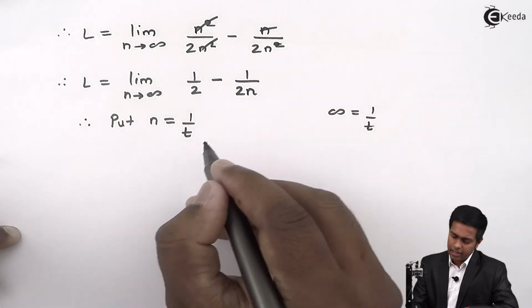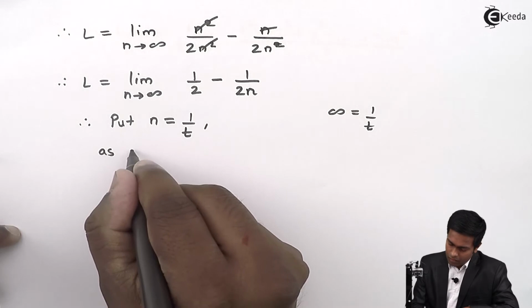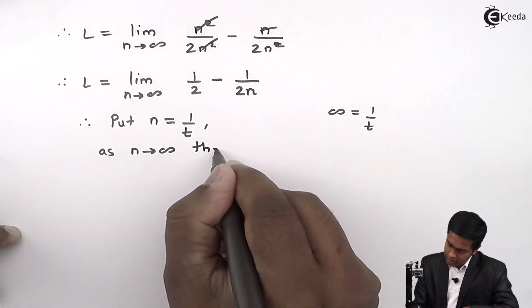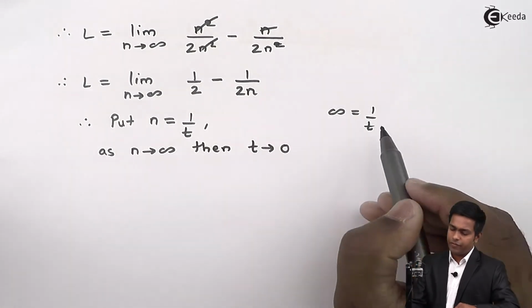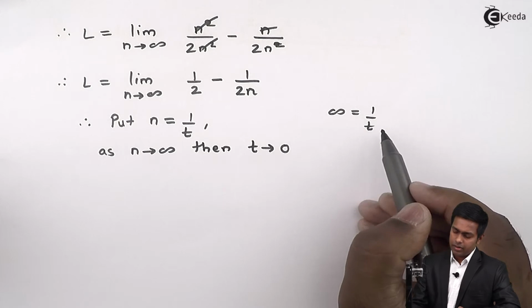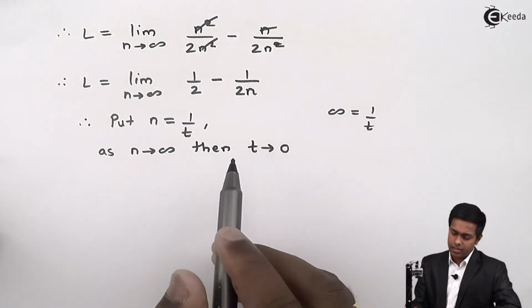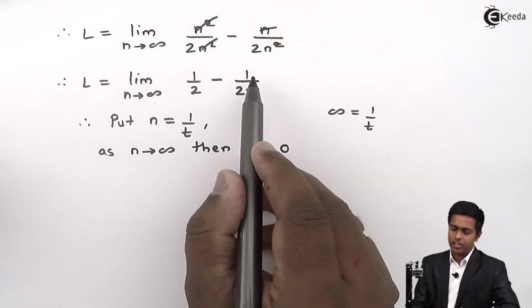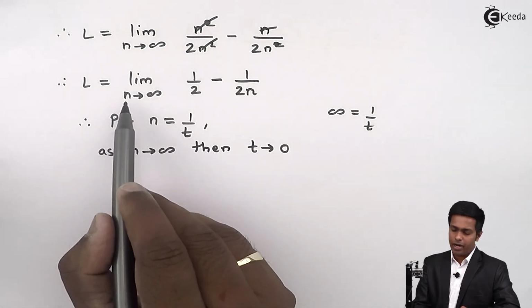So as n tends to infinity, t tends to 0, because if t tends to 0, then 1 upon 0 becomes infinity. Hence the function changes from the n domain to the t domain, and the limit changes from n to t.